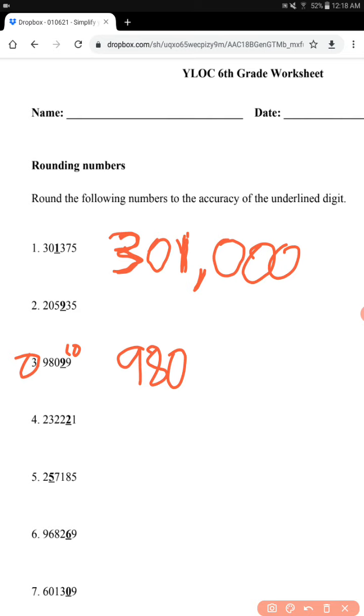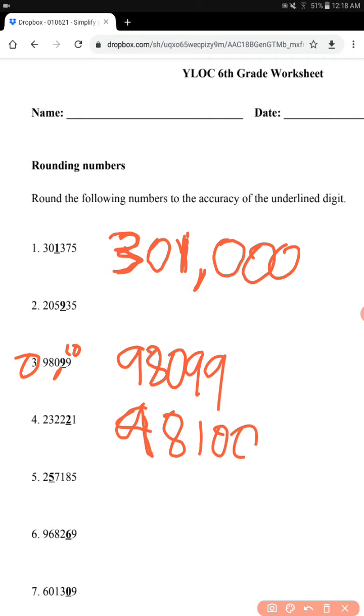But we can't have 10, so the 1 just goes to this 9 right here. But we can't have that there either, so it just becomes this.